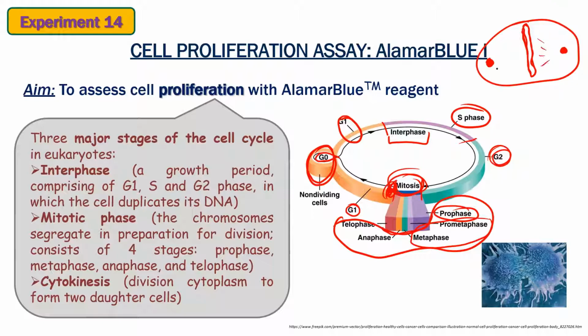Of course, tubules start forming by the end of metaphase, and in anaphase, we start pulling these two sister chromatids or sister chromosomes into the poles of the cell. So the anaphase is the moving of chromosomes.